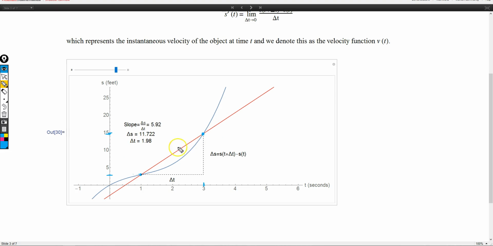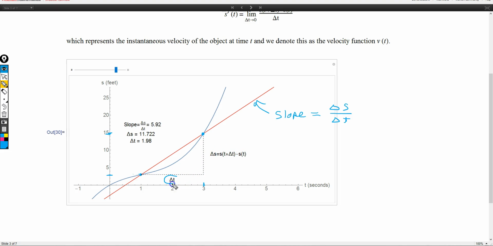So then the average velocity is going to be the slope of that line right there. And so our average velocity is going to be the change in s divided by the change in time, right? And that's the slope of that line. So the slope equals our change in s divided by the change in time. And the change in s is just s of t plus delta t minus s of t.